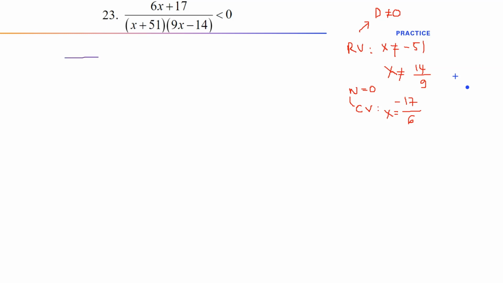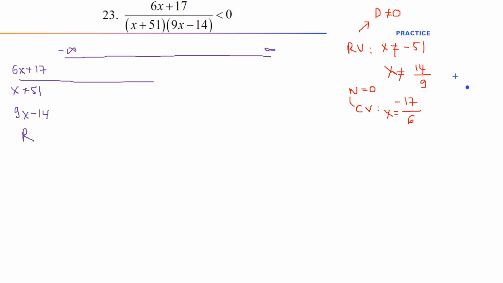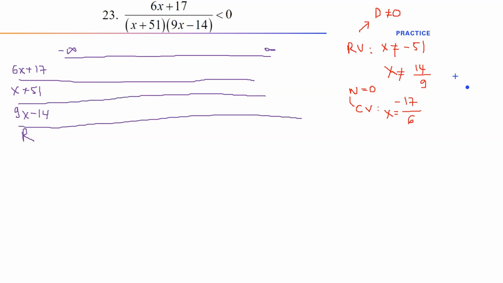Now we draw the line. Infinity, negative infinity, 6x plus 17, x plus 51, 9x minus 14, and the result. So we have negative 51. This one is about negative 3.